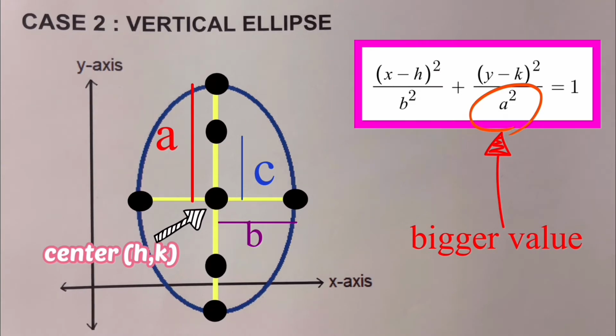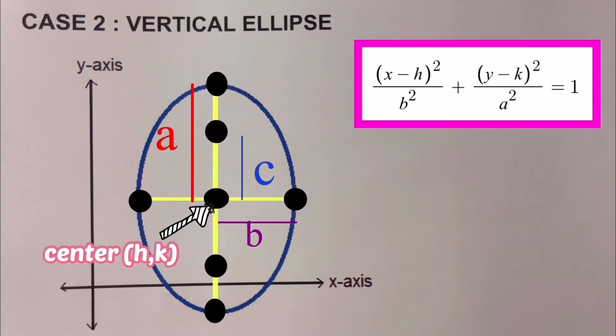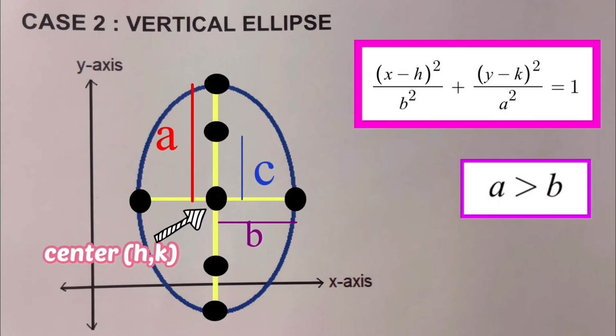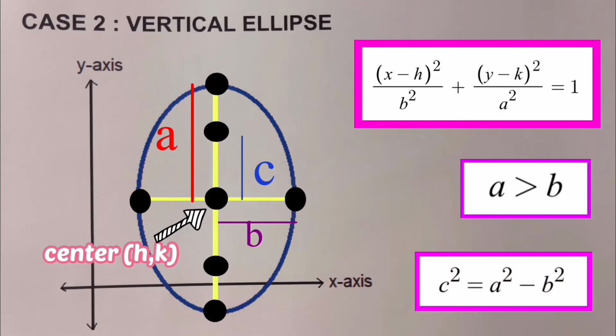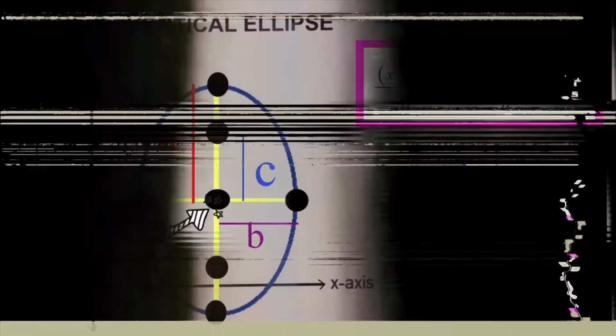We remember vertical, that means it's up or down. And so this is placed under the y. And we also remember that a is always greater than b. And the formula that relates these lengths a, b, and c is c² equals a² minus b². So these are the parts of every ellipse, and these are the two cases of every ellipse, the vertical and the horizontal ellipse.